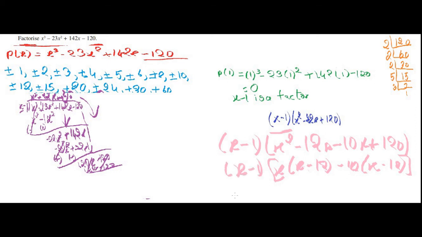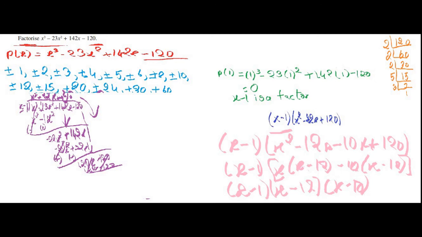And then x minus 1 is one of the factors that we know, and here come the other two factors. The other two factors will be x minus 12, it's common, and x minus 10. So this is how we basically do these types of sums.